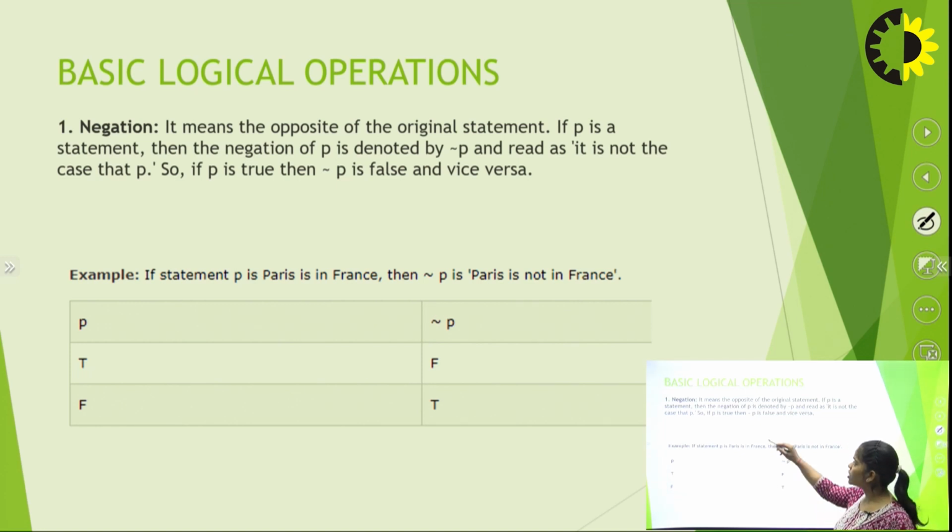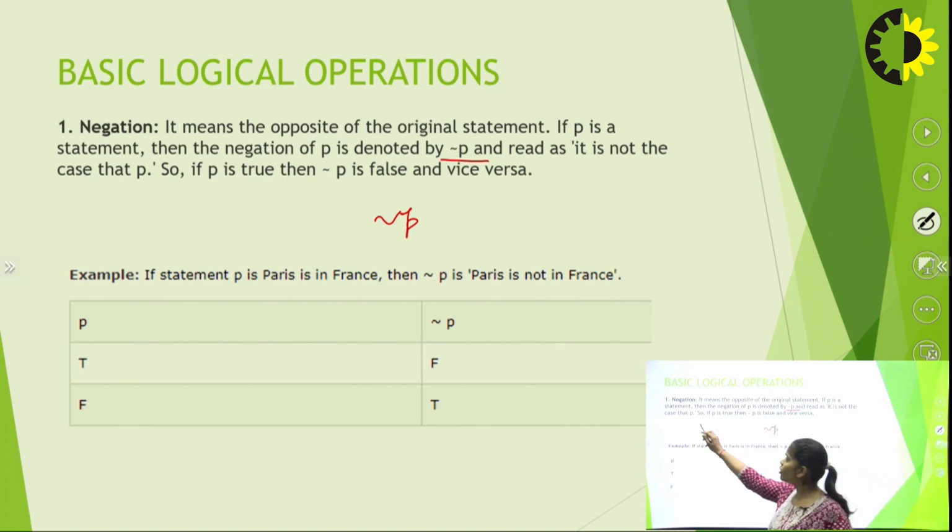The sign for negation is this sign, and it means NOT. Not of 0 is 1, and not of 1 is 0. So this represents negation, meaning the opposite of the original statement. If P is a propositional statement, then not P is read as "it is not the case of P."